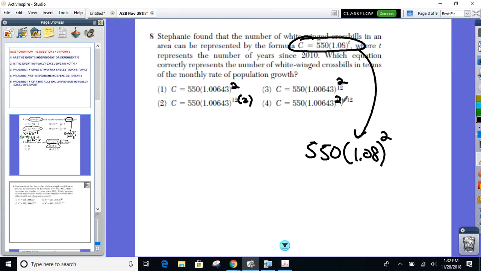You don't get style points on multiple choice. You get survival points. All right, there's no style points here.